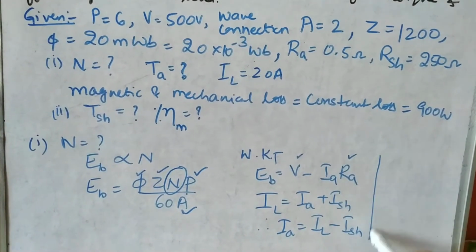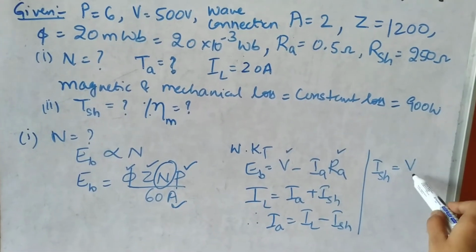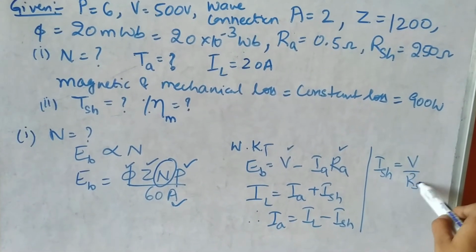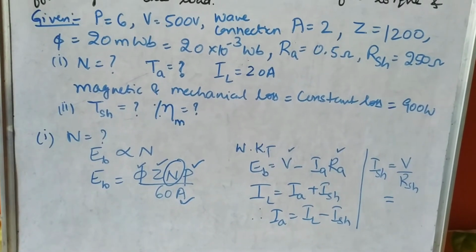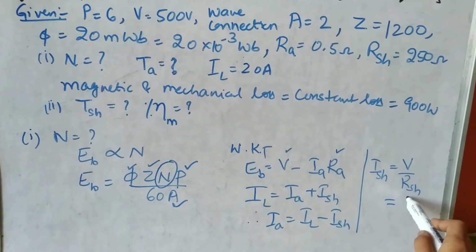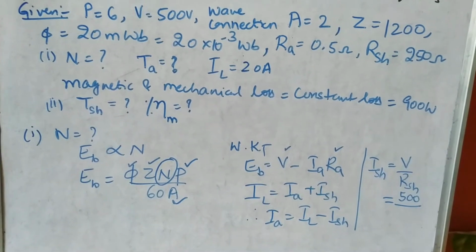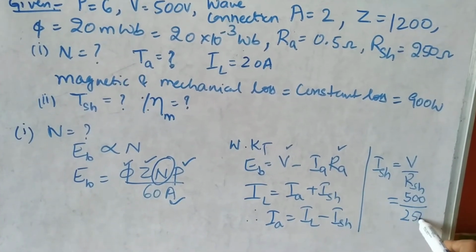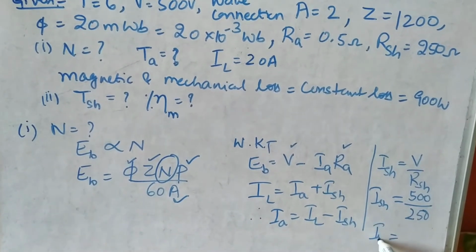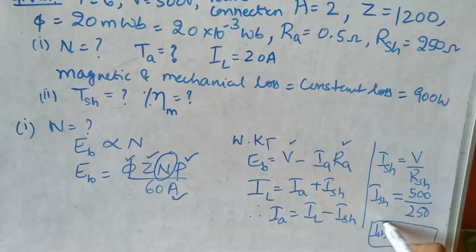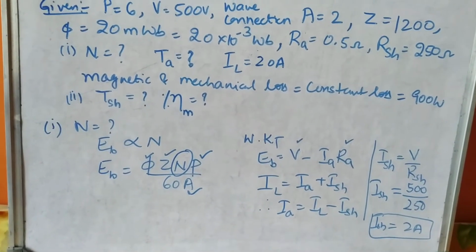ISH can be written as the voltage V divided by RSH, which is 500 volts divided by 250. So the ISH value will be 2 amperes.